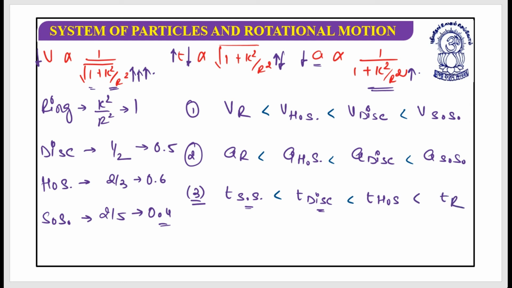The ring will take the maximum amount of time to reach the bottom of the wedge. I hope this is clear. Is it clear? Can you do this? Are you sure?